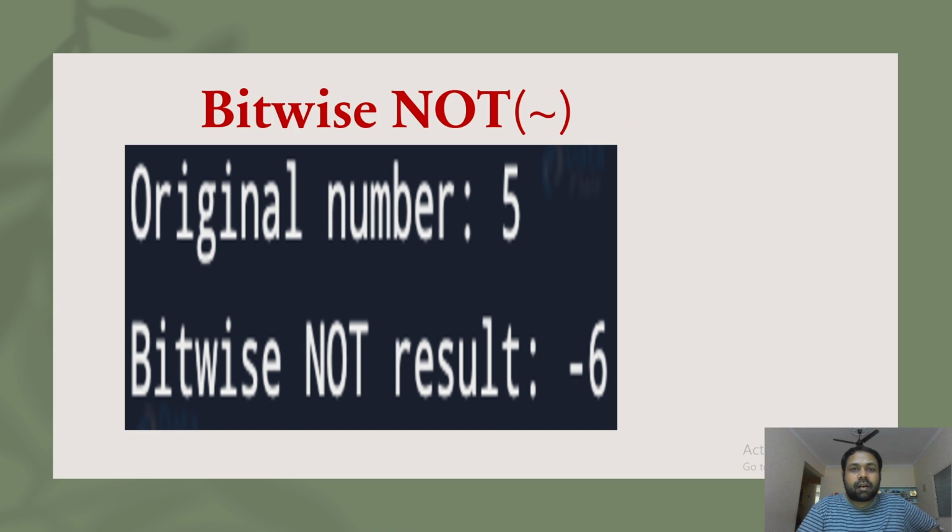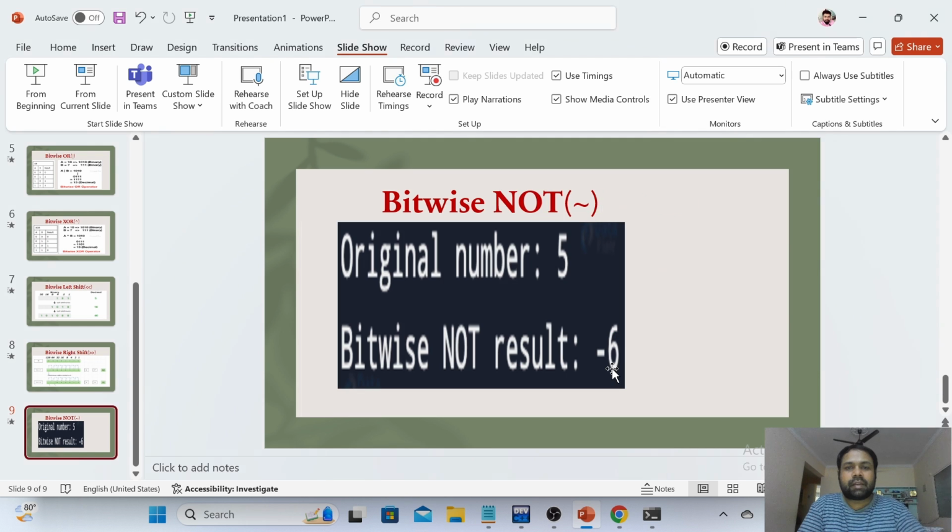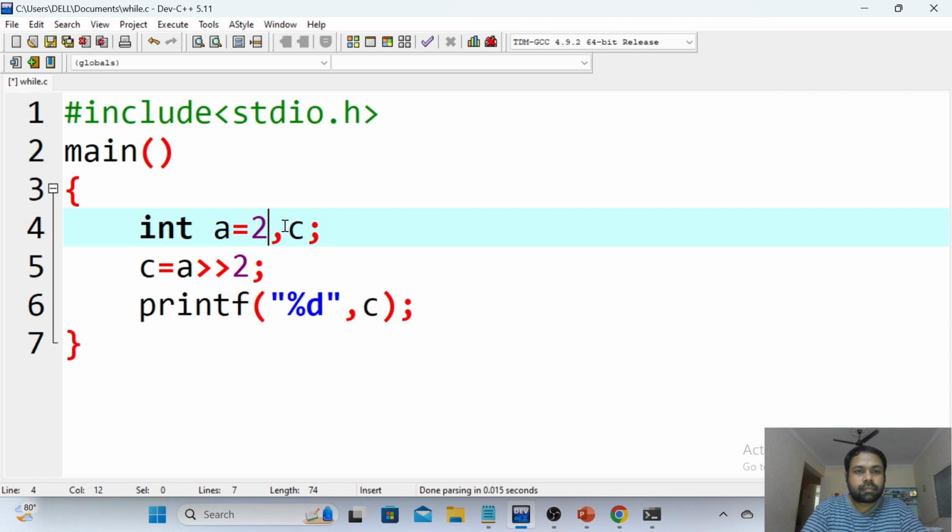And after that, at last we have bitwise NOT. This is the tilde symbol, and for this don't think much. If the input value given is 5, you will get the output -6. If you give the value 10, it will become -11. A equals 10 I am giving.